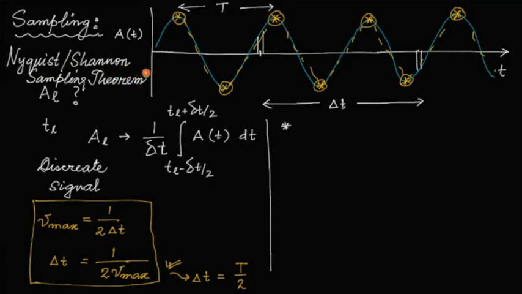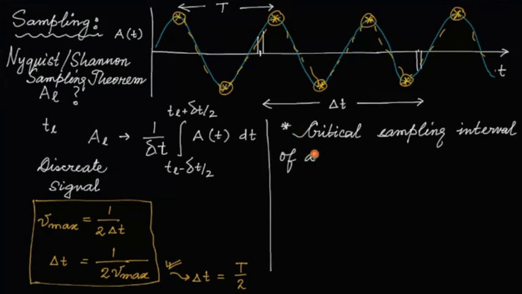This tells you, the first thing, is that the critical sampling interval of a band limited signal is the inverse of twice the bandwidth.